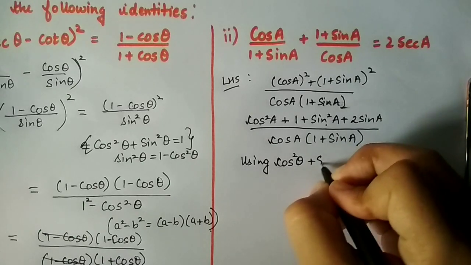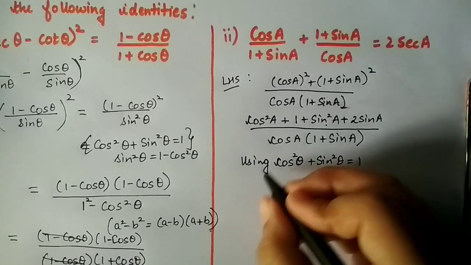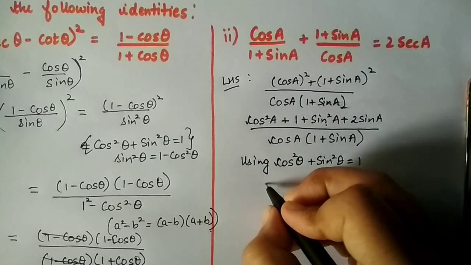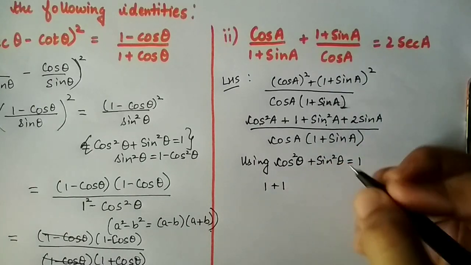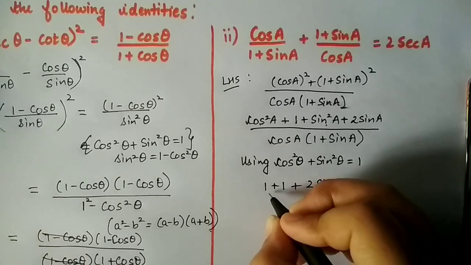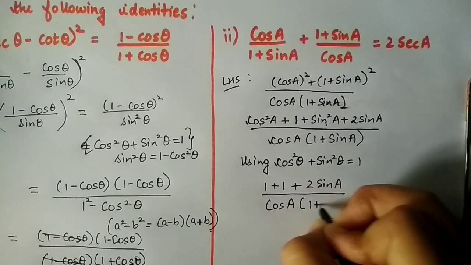Using cos square theta plus sin square theta is equal to 1. So we have, instead of cos square a plus sin square a, you can write 1, and you have already 1 added, so plus 1 plus 2 sin a, and in denominator you have cos a into 1 plus sin a.